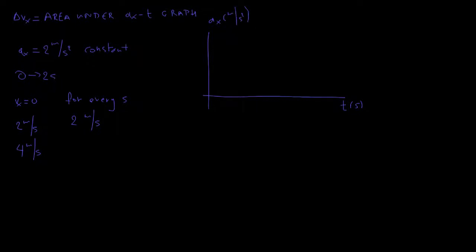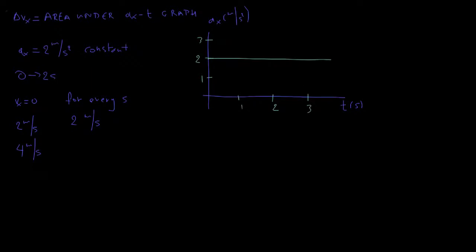Okay, let's say we have, as we said before, this is 1, this is 2, this is 3, and so on. We have a constant acceleration of plus 2 meters per second squared. So this is the graph of the acceleration, a constant horizontal line.